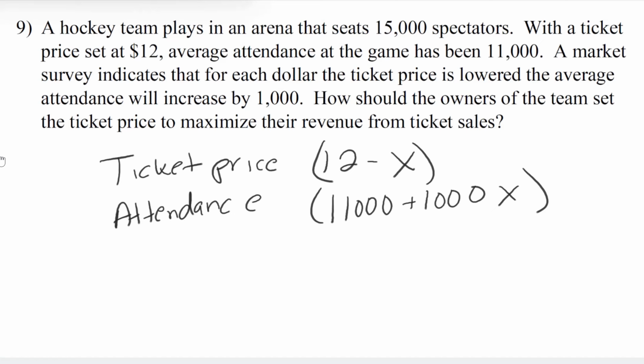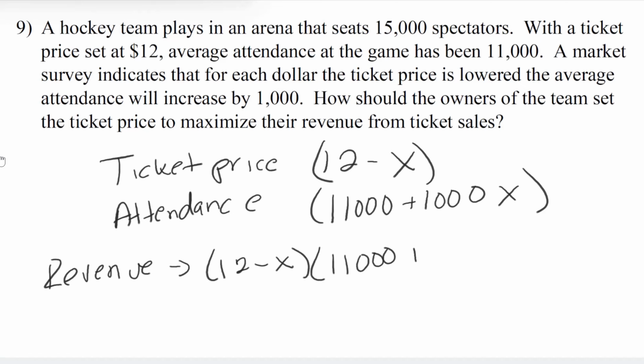No, x is not the number of tickets, it's how much I'm lowering the ticket price by. So revenue is 12 minus x times 11,000 plus 1,000x.